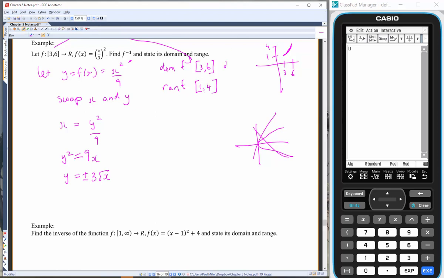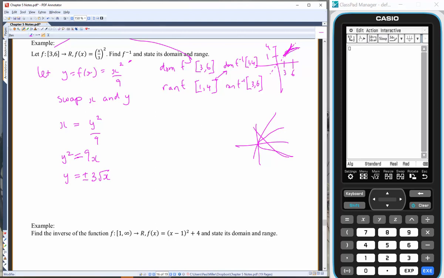Now that means the domain of my inverse is going to be 1 to 4, because when I swap x and y, the range of the original function becomes the domain of the inverse. The range of the inverse is simply going to be the domain of the original. So now what to do here? Well, let's imagine this along the line here.